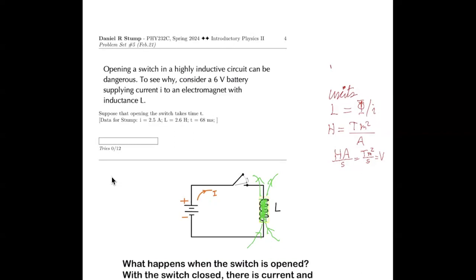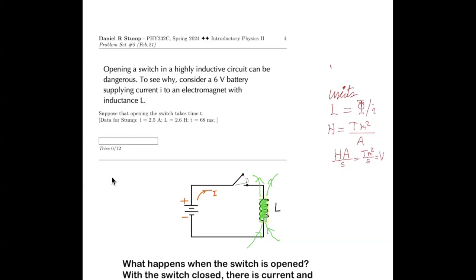Now, we want to consider a 6-volt battery used to create an electromagnet. That's when the switch is closed, so I have a complete circuit, and I can have a current. Current can only exist if there's a complete circuit.